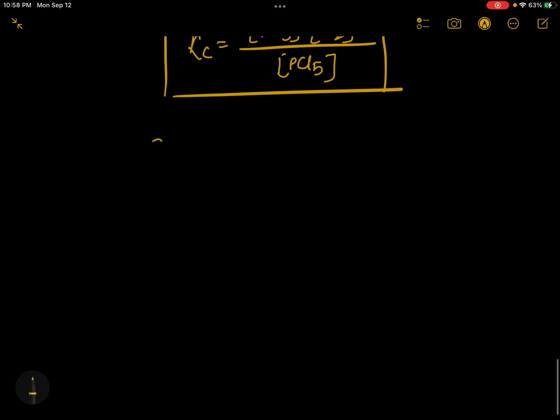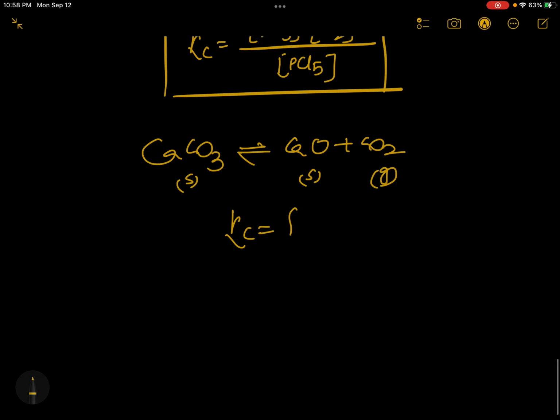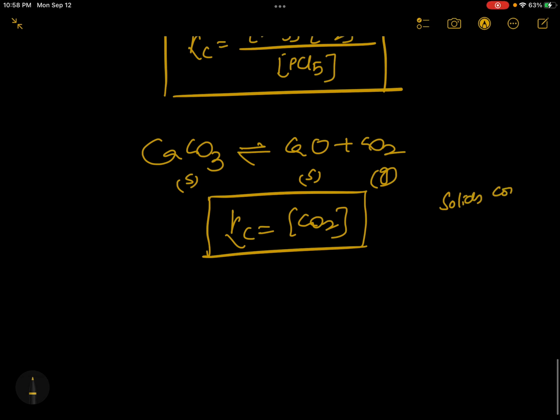For example, CaCO3 gives rise to CaO plus CO2. But these two are solids and this is the only gas. So Kc is equal to the concentration of CO2 only. Solids are not taken; the concentration of solids is taken as unity, so there is no need to consider them.